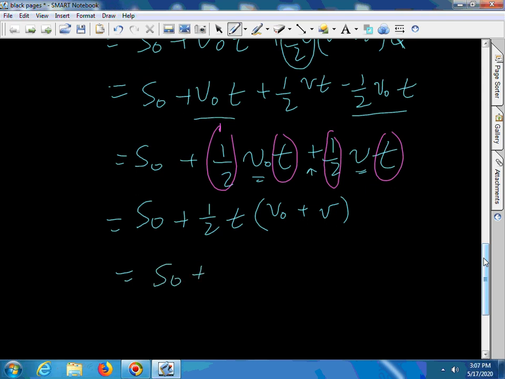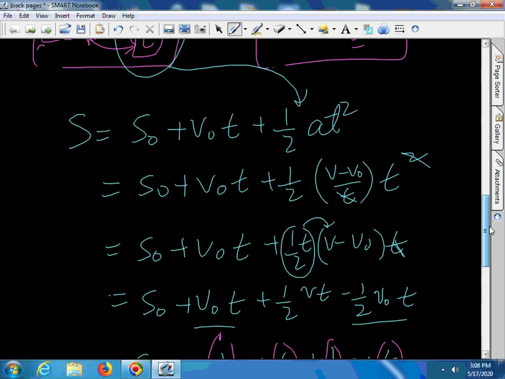It's s0 plus (v0 plus v) over 2, which meant I dealt with the half. And then all of this gets multiplied by the t. I wrote it this way because that's the average speed times t.